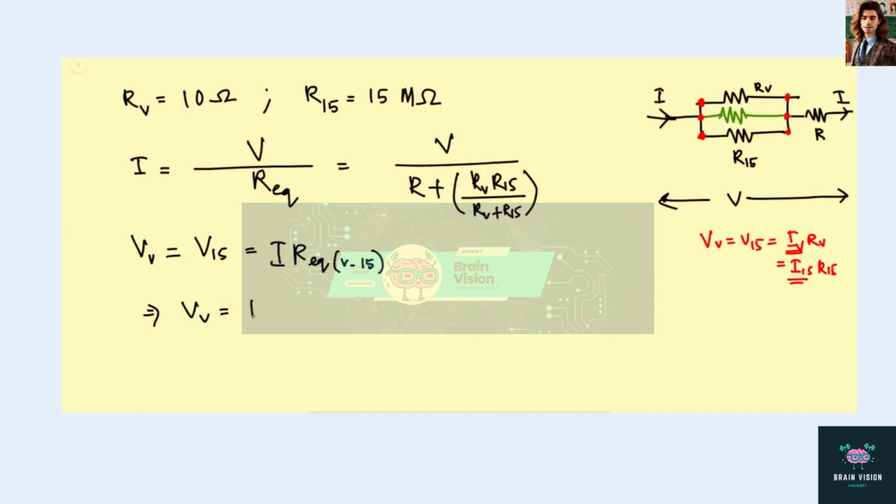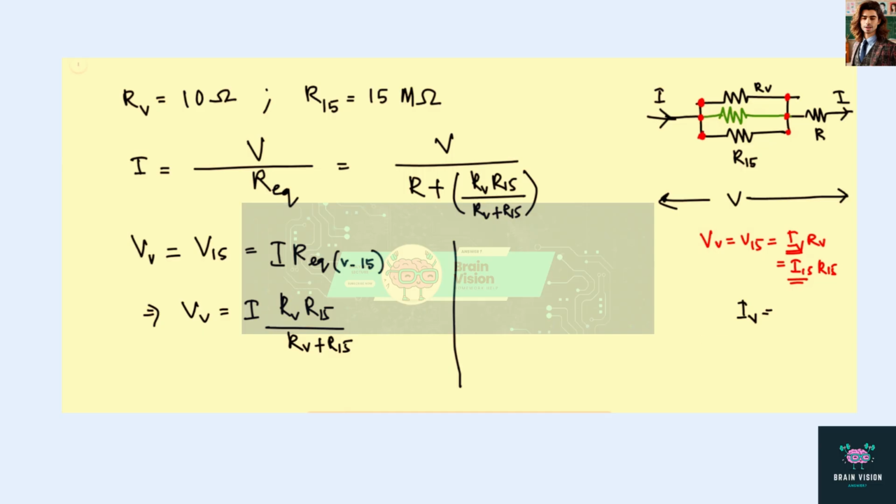So VV will be I times the equivalent resistance of the parallel combination. Let me just show you what IV will come out to be so that you can compare both the answers.